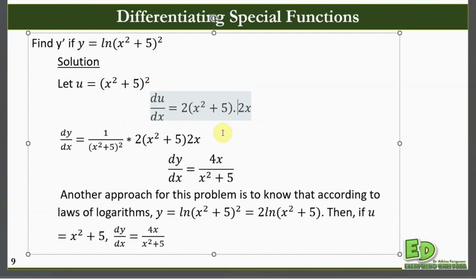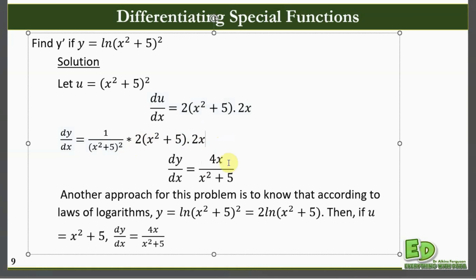The next thing is to substitute it back into the formula we just talked about. So dy over dx is equal to 1 over the function, which is (x squared plus 5) all squared, multiplied by 2 into brackets x squared plus 5, times the differential of what is in the bracket, which is 2x. The next thing is that we multiply this 2 by 2x. That will give us 4x. 4x by 1 gives us the same 4x.